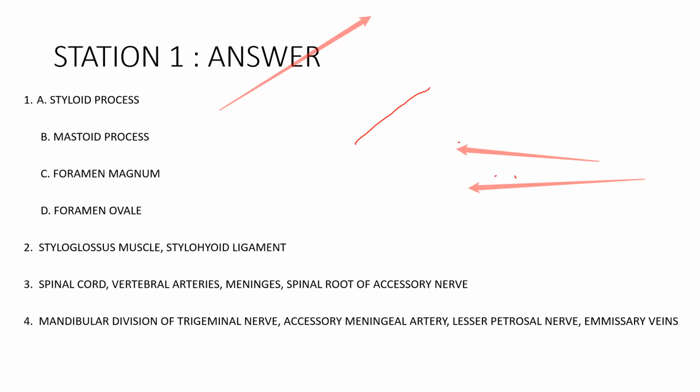And there is the bouquet of Reichert. That question is simply what is the bouquet of Reichert and what are the structures attached to the styloid process? What is the importance of the styloid process in the parapharyngeal space? The bouquet of Reichert is usually asked as a short note and also in OSCE or DNB.